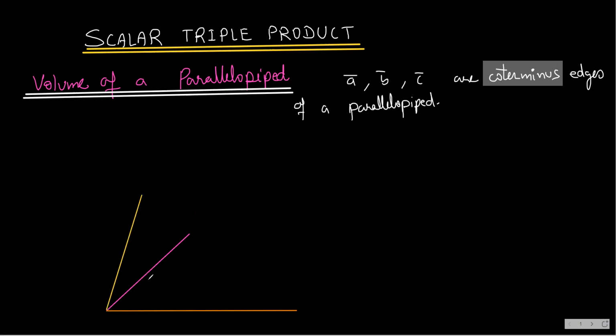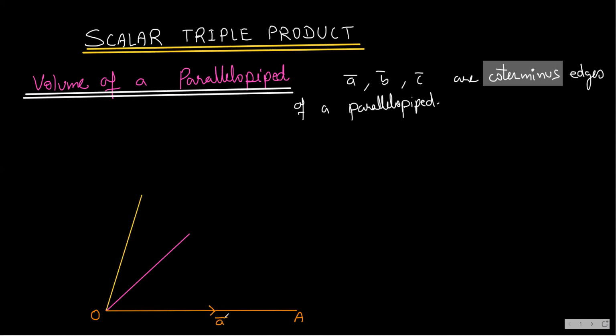So you have three vectors here, and they are coterminous edges of the parallelepiped. Let me have O here, and this is A here. So this is vector OA bar.